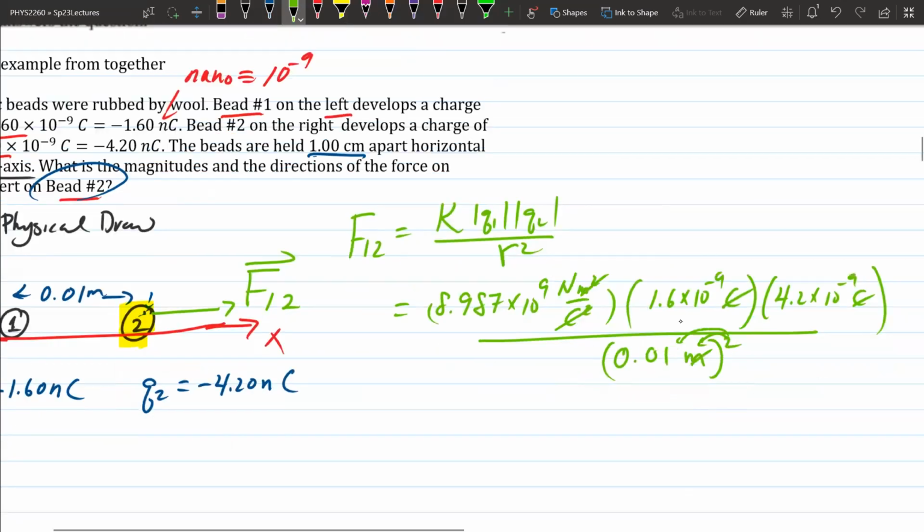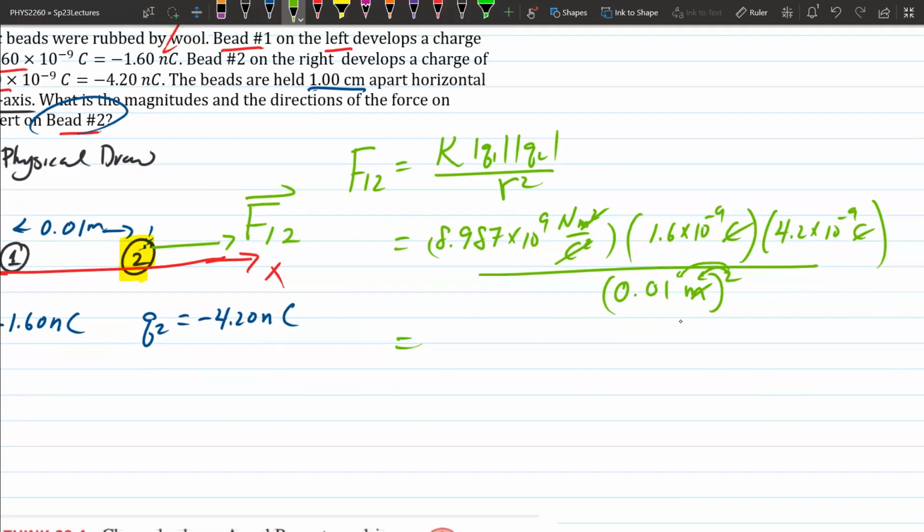Okay, so for the result, I have my calculator. 8.987 times 10 to the 9 times 1.6 e negative 9 times 4.2 e negative 9, divided by, don't forget to square this, 0.01 squared.